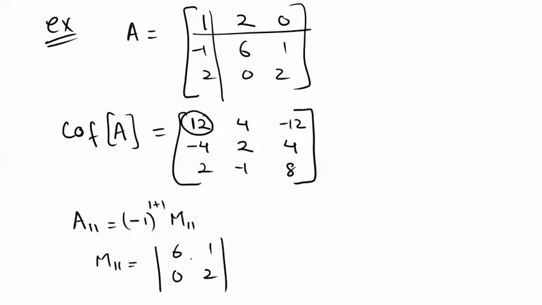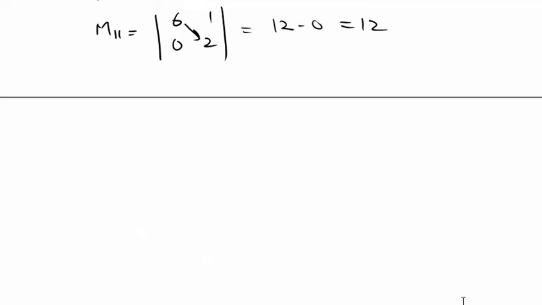The determinant is 12 minus 0, or 12. This is M11, not A11. So A11 will become -1 to the power 2 into 12, that will be 12. Clear?